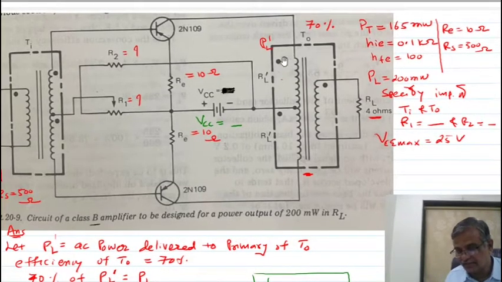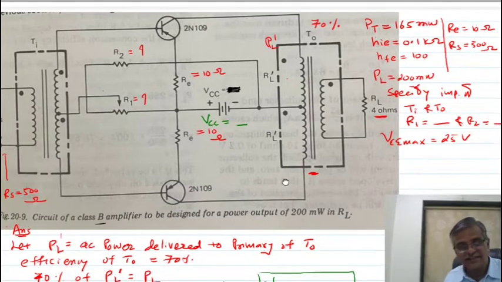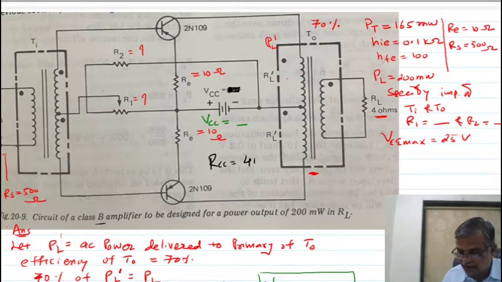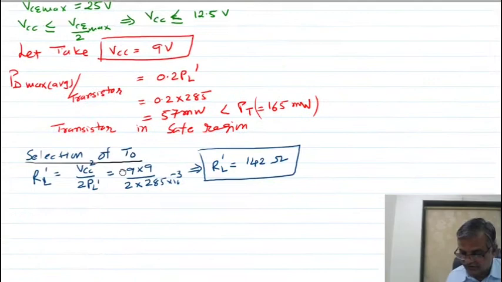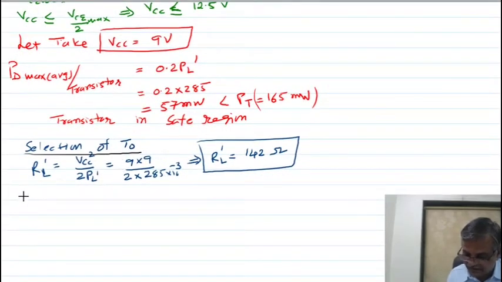You can say this primary impedance is determined on the basis of RCC, and you already know that we have derived RCC is 4RL. So the primary impedance is determined on the basis of resistance between the collectors of both transistors, and the relation between RCC and RL is 4RL.